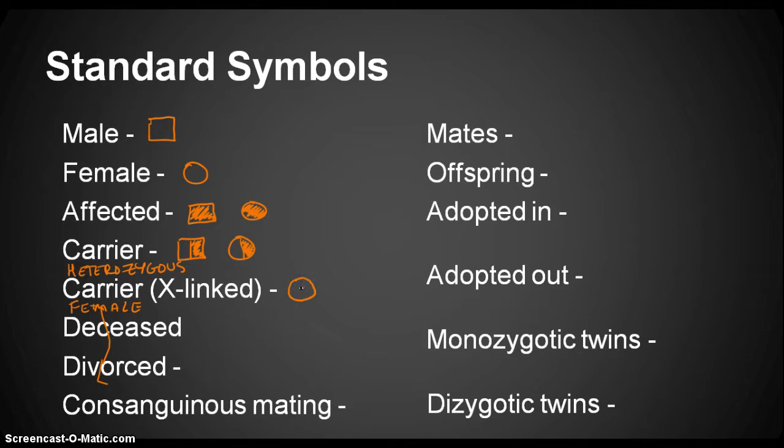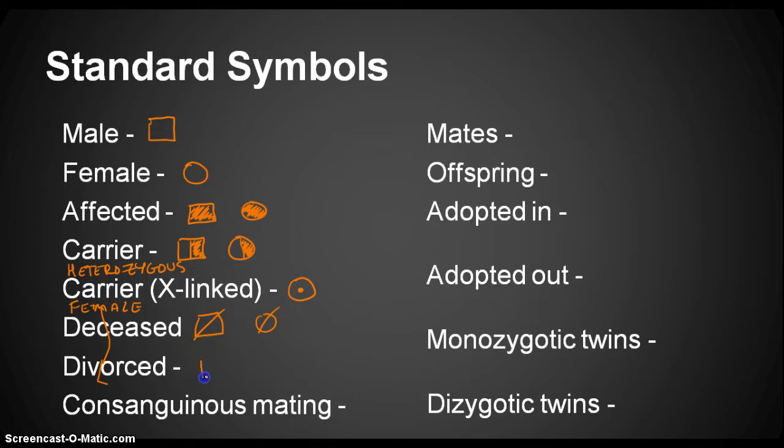If he has the allele on his X chromosome, then he's going to show that phenotype. So a female can be a carrier, and if she is, then we just put a dot within that circle. If any individual is deceased, we just put a slash through their shape.